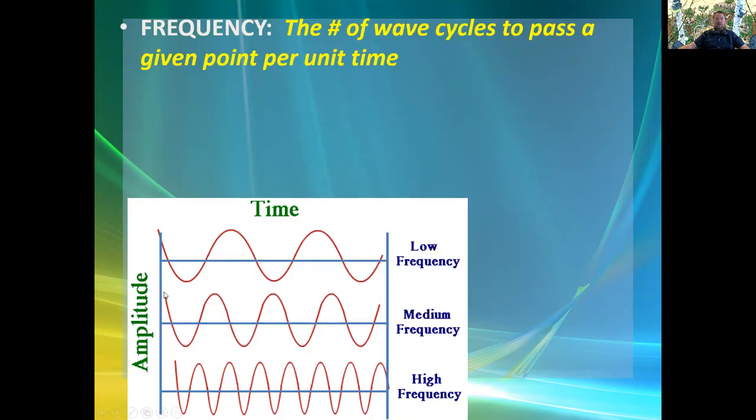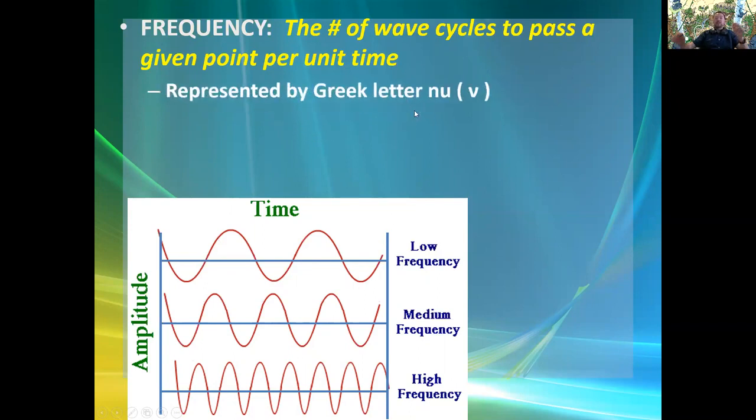And on my pointer here, you have 1, 2, 3, almost 4 waves there. So there are more waves here. A wave cycle is essentially how many waves. That's my wave cycles. But how many waves are happening per unit time?